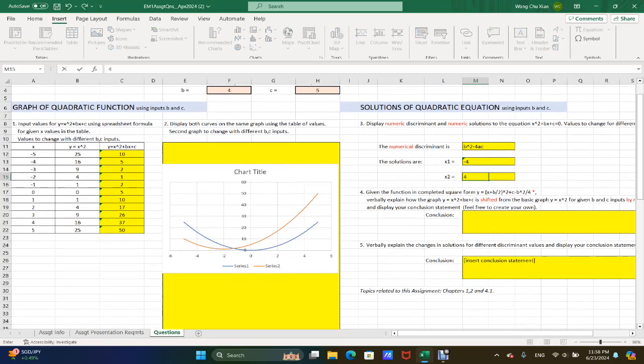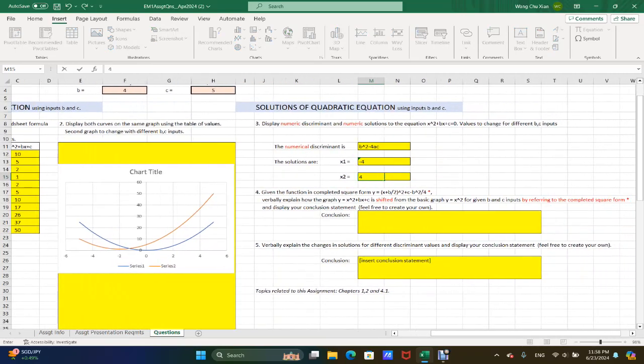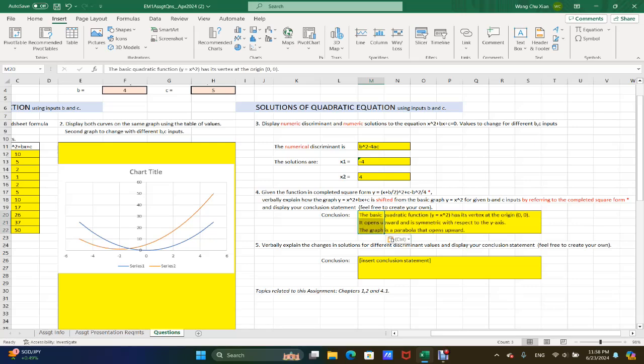Coming to question 4, given the function in the completed square form y equals this equation over here, we are supposed to explain how the graph is shifted up. The basic quadratic function has a vertex at the origin, which is 0, 0, and it opens outwards and is symmetric with respect to the y-axis.